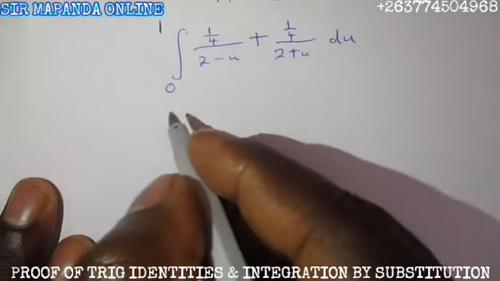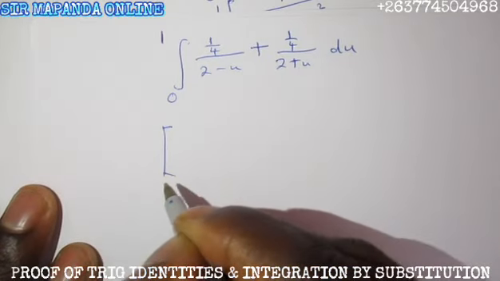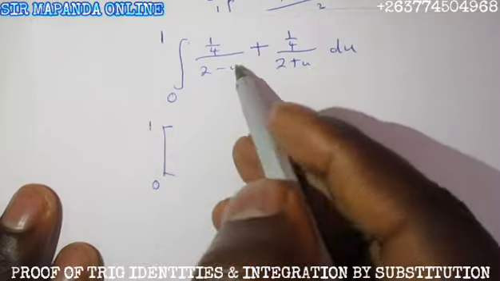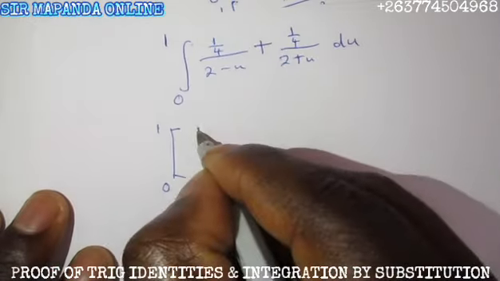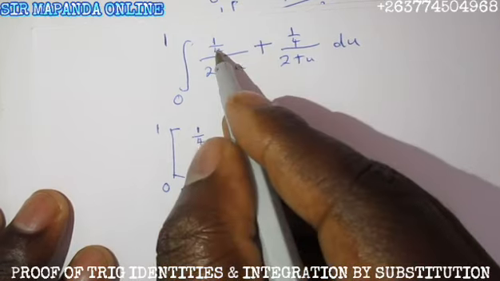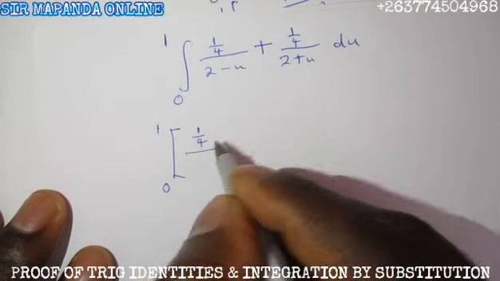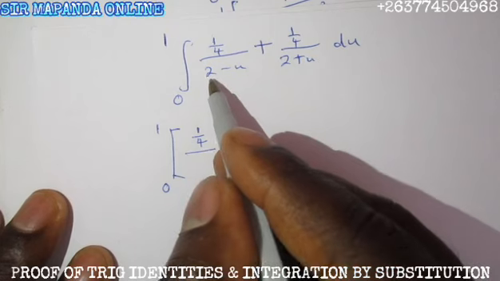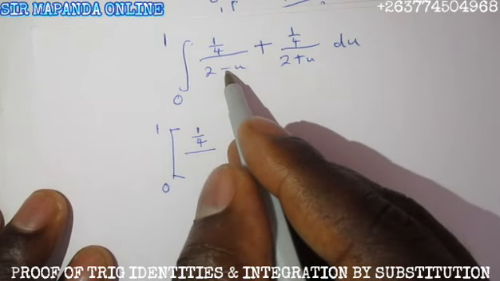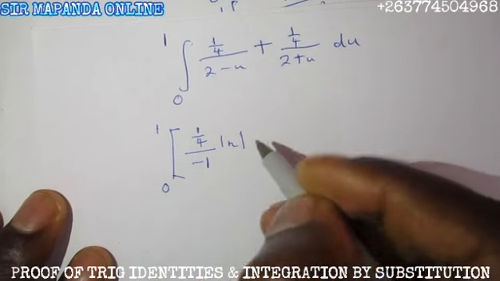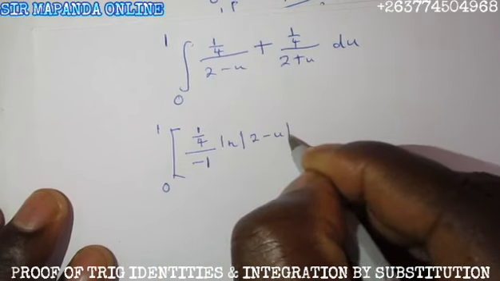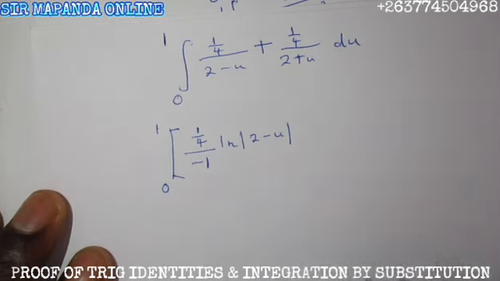To integrate inverse functions where the denominator is linear, we make use of the logs or the ln. So you are saying 1/4, which is your numerator, is going to be divided by the derivative of the denominator. Derivative of 2 is 0. Derivative of minus u is minus 1. Then you put ln modulus 2 minus u. I hope you are following.